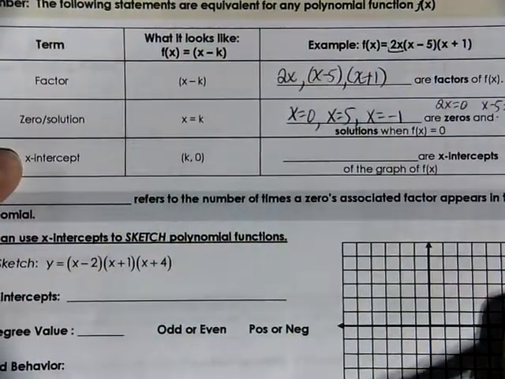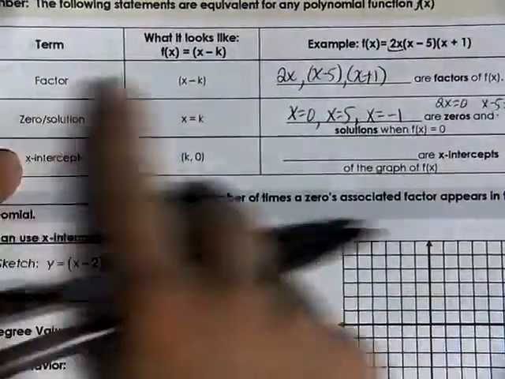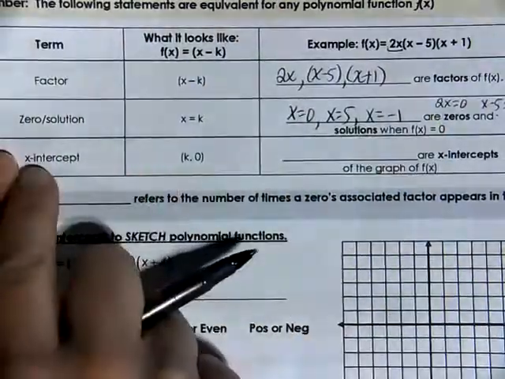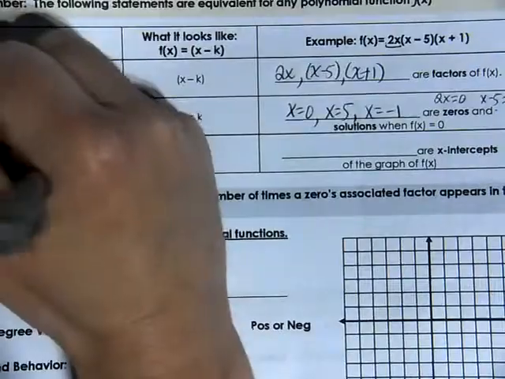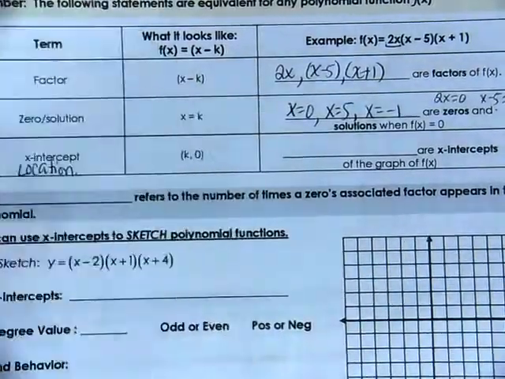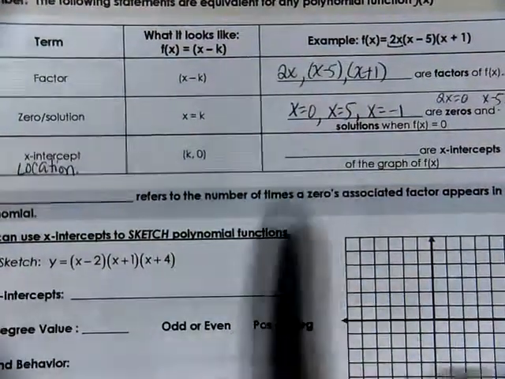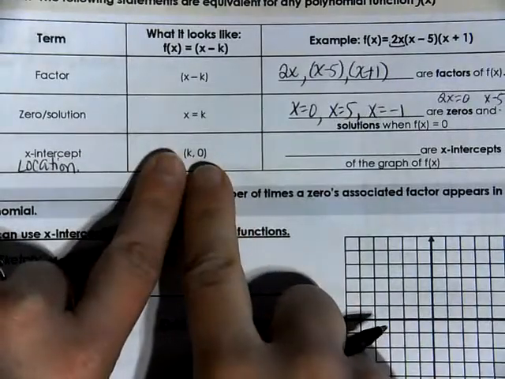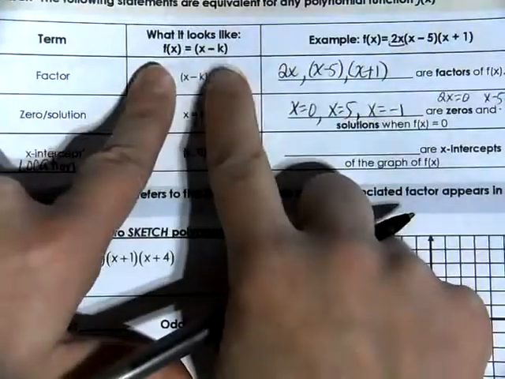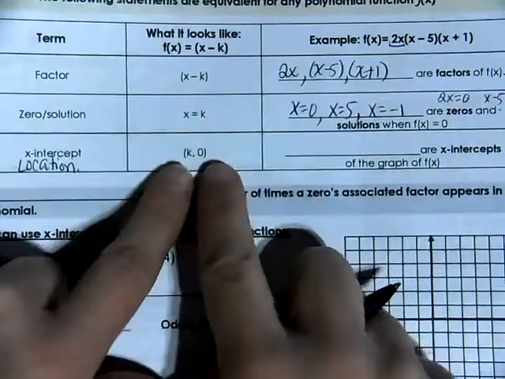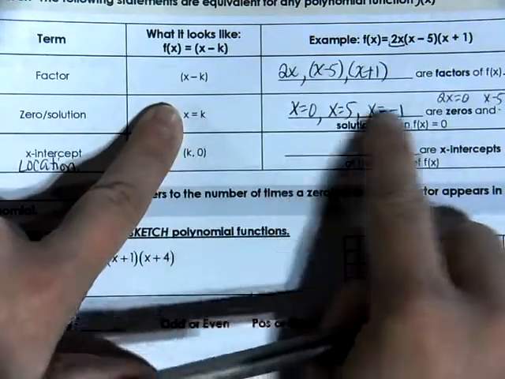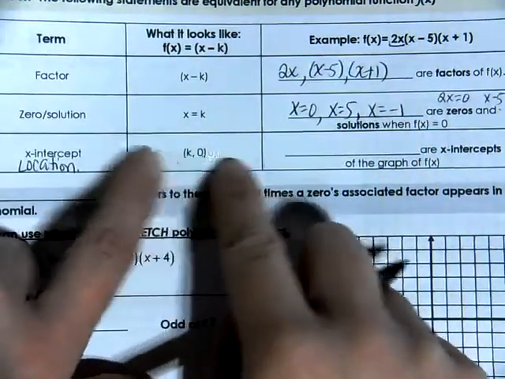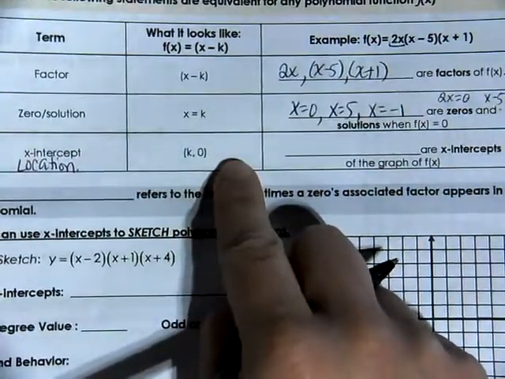Finally, we have an x-intercept. And an x-intercept uses the zeros, but an x-intercept represents an actual location on the graph. And so locations we always write as an ordered pair. So although it has parentheses like a factor, and although it has the same exact values as a 0, we always write it as an ordered pair.